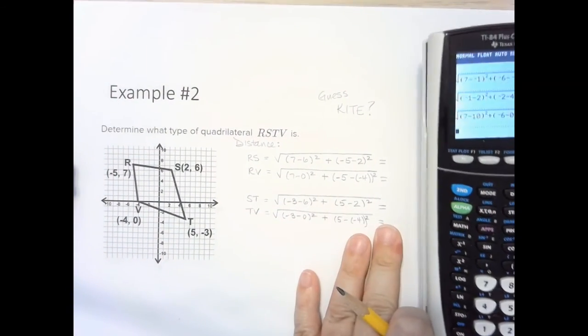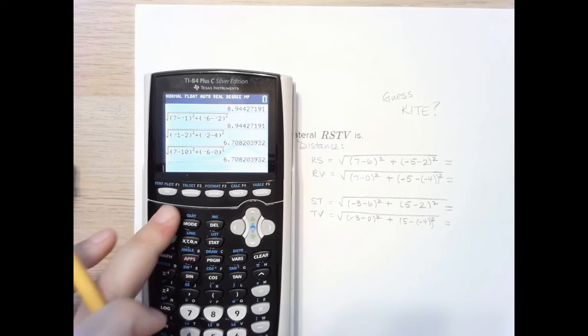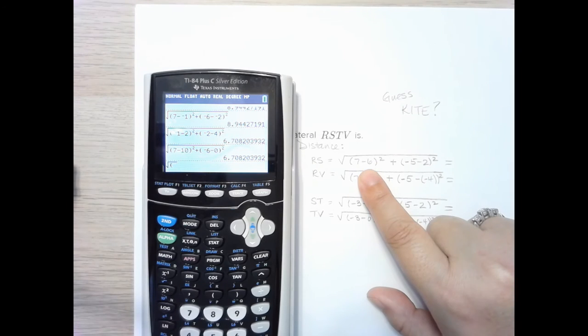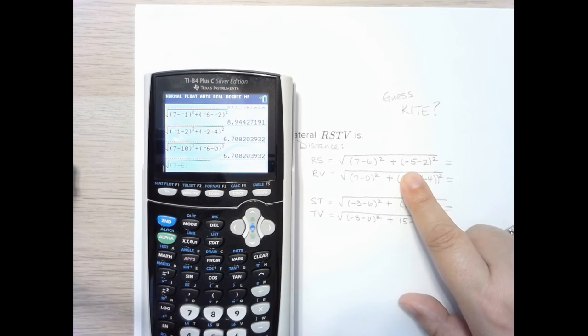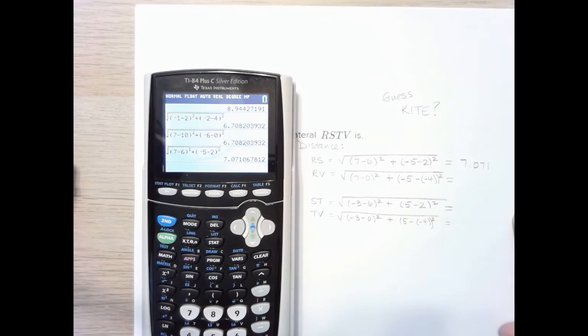Let me cover up the picture for a moment so you can really see what I'm typing in. So the square root, parentheses, 7 minus 6 squared, plus negative 5 minus 2 squared. That gives me 7.071.